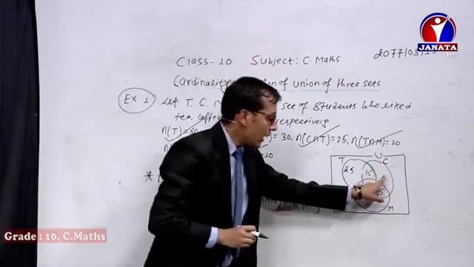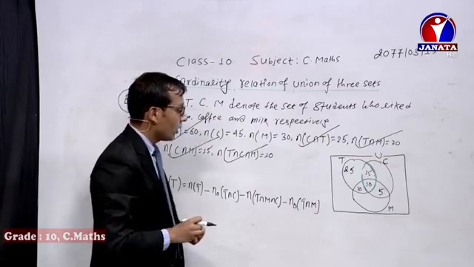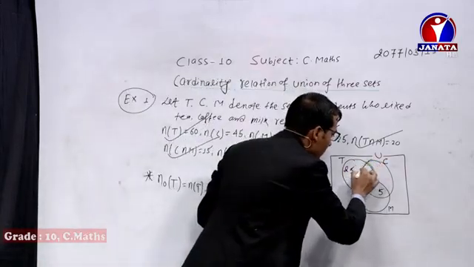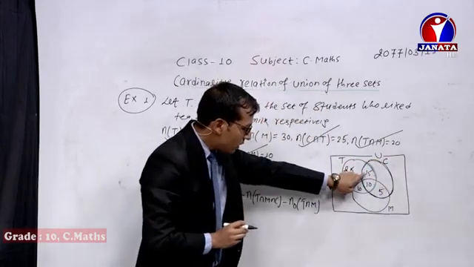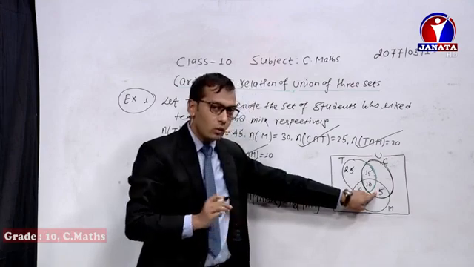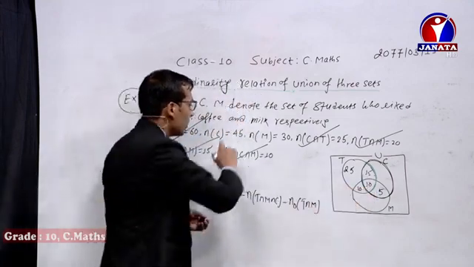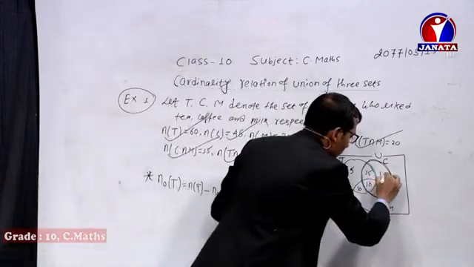Similarly, for n only C, what is n only C? For n only C, let's add again the numbers which are inserted in the circle of C. 15 plus 5 is 20 plus 10 is 30. What is n of C? 45. So 45 minus 30 is 15.